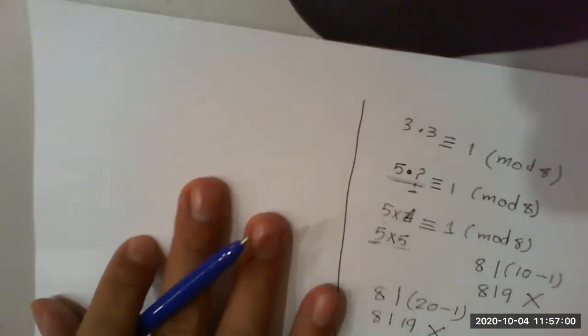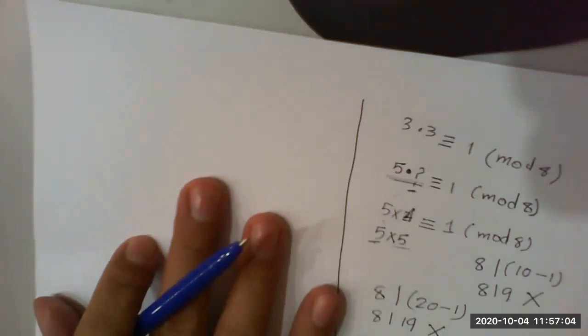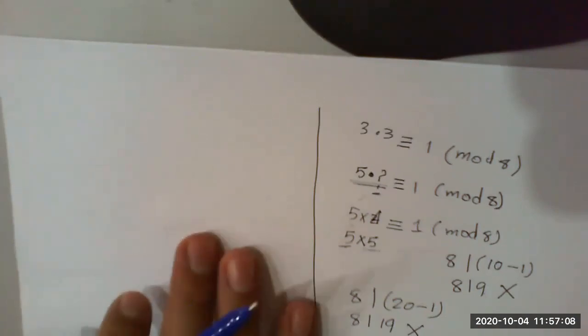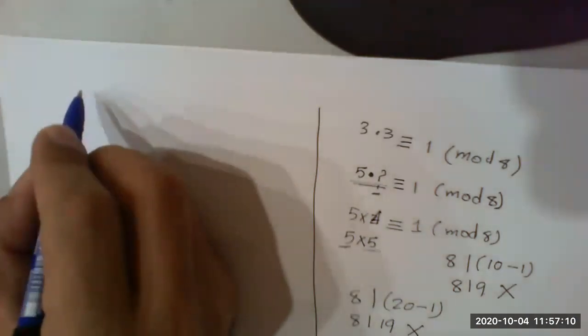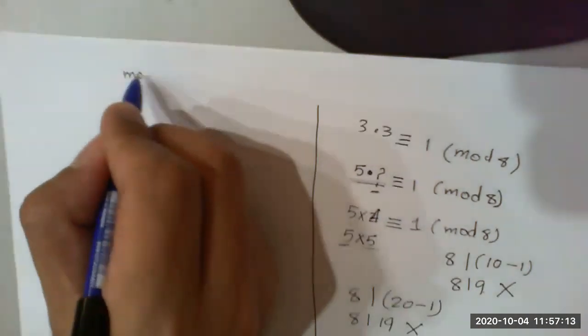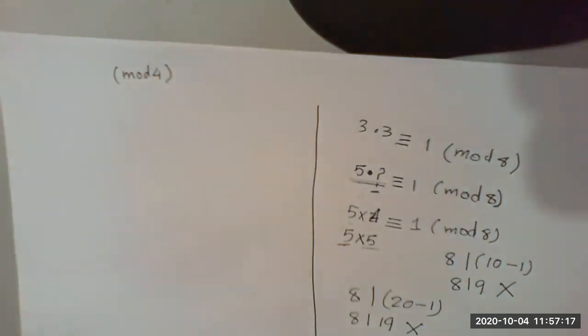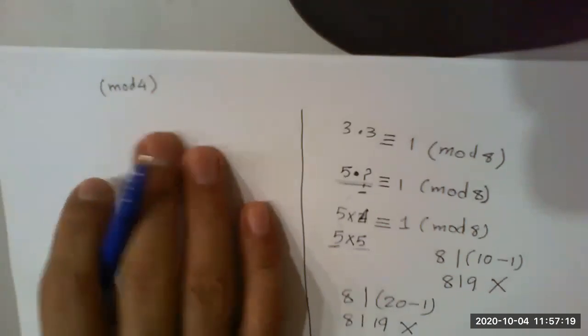Now, the last slide before the break is just to tell you about the residues. For example, if I take mod 4 as an example.